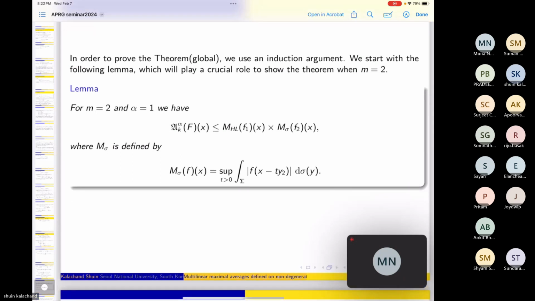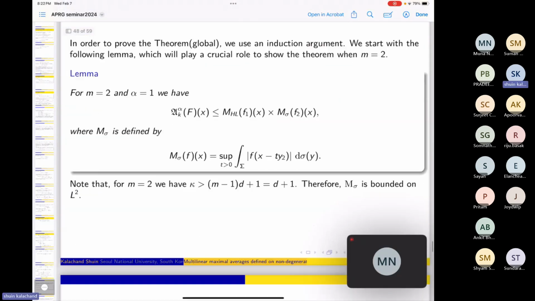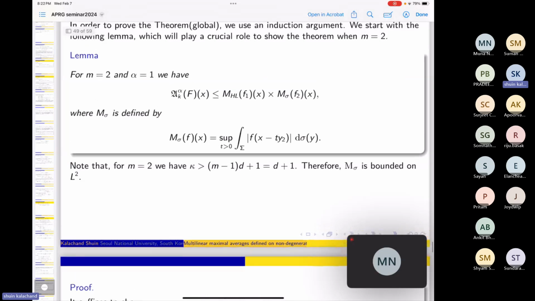Now see that if we have this lemma, then we know the Hardy-Littlewood maximal function is bounded on L2, and also this M sigma operator for m equals 2. By our assumption that kappa is bigger than d plus 1, which is strictly bigger than 1, therefore kappa over 2 will be strictly bigger than half.